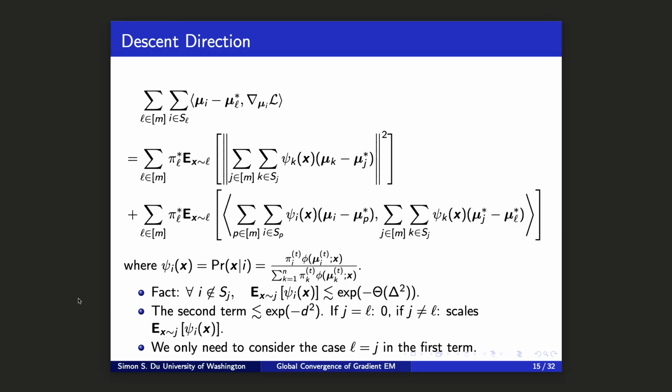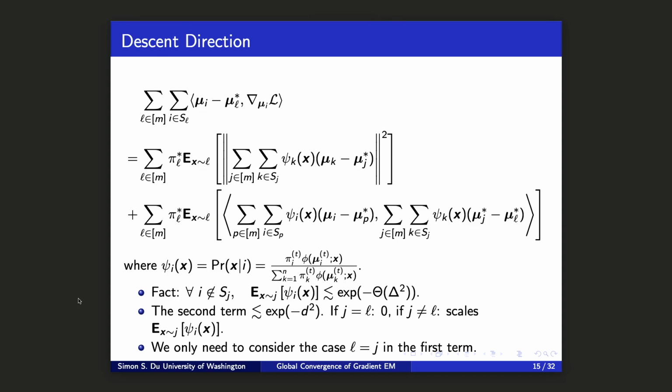Now we can look at which terms have this kind of exponentially small magnitude. For example, here, if j equals L, this equals 0, but if j does not equal L, then this corresponding psi k here will be exponentially small.